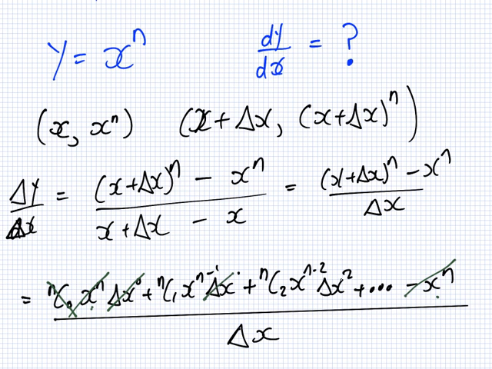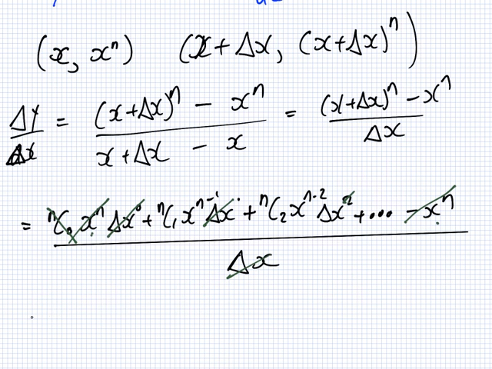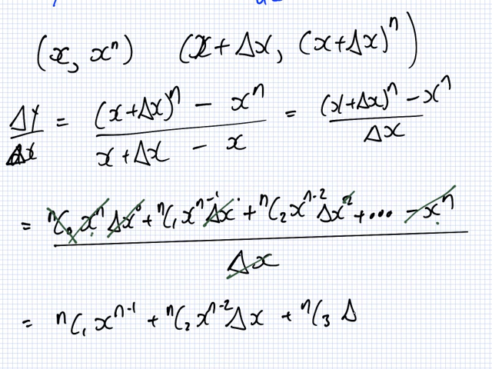This becomes 1, and the next one becomes 2, and so on. So you're left with nC1 x^(n minus 1) plus nC2 x^(n minus 2) delta x plus nC3 x^(n minus 3) delta x squared, etc.